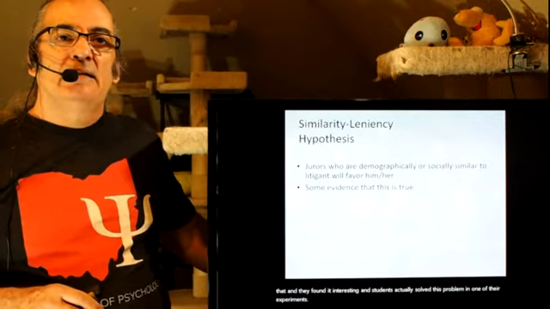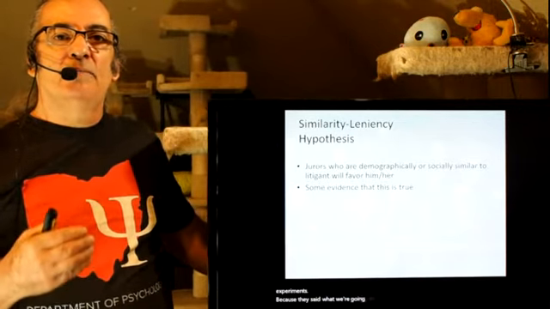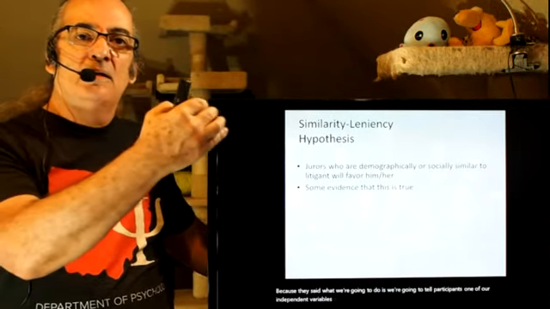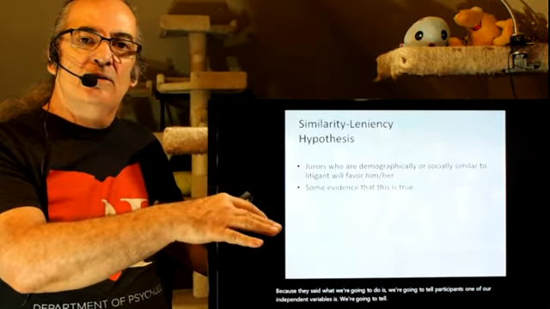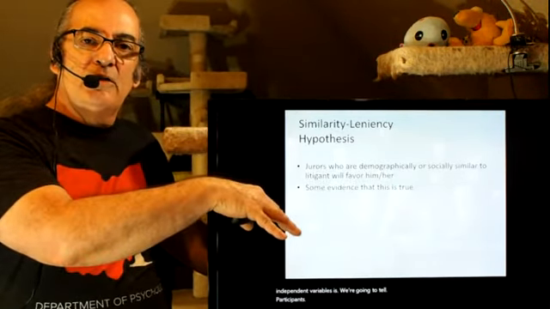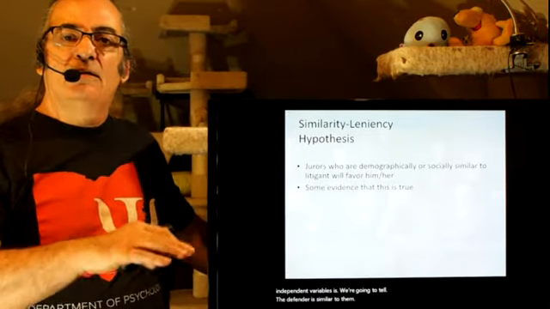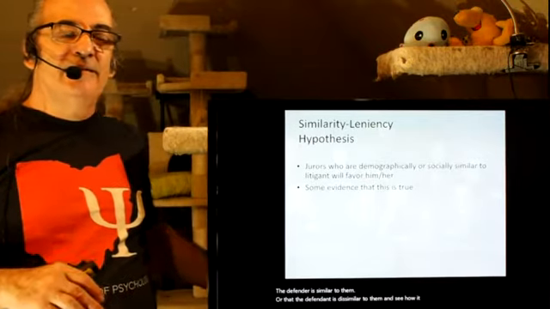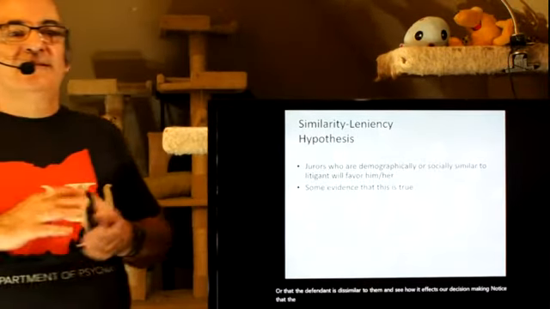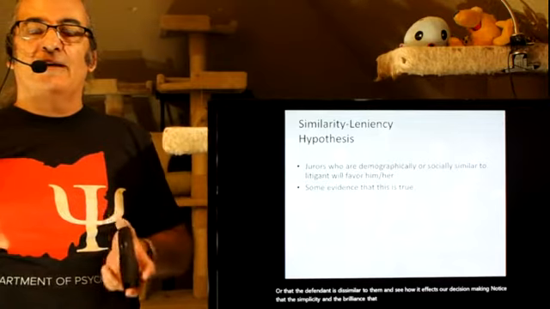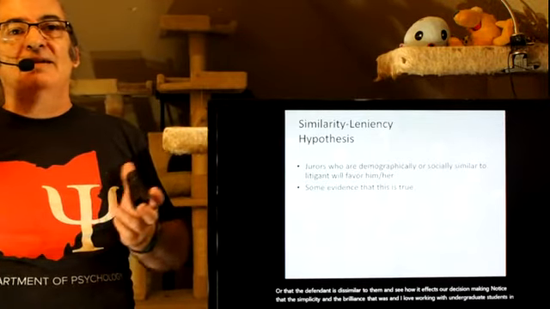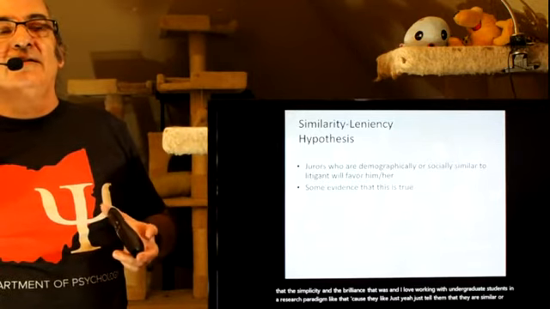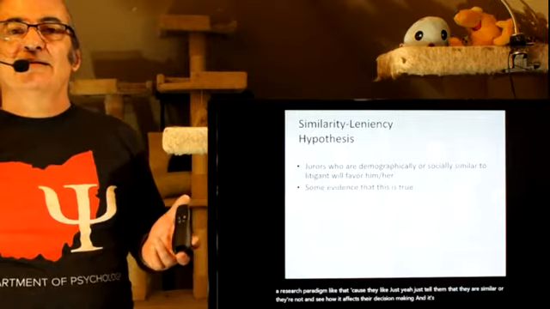One of their independent variables was that they would tell participants that the defendant is similar to them or dissimilar to them, and see how it affects their decision making. Notice the simplicity and the brilliance of it. I love working with undergraduate students in a research paradigm like that, because they're like, we'll just tell them that they're similar or they're not, and see how it affects their decision making. And it worked, and it was just amazing.